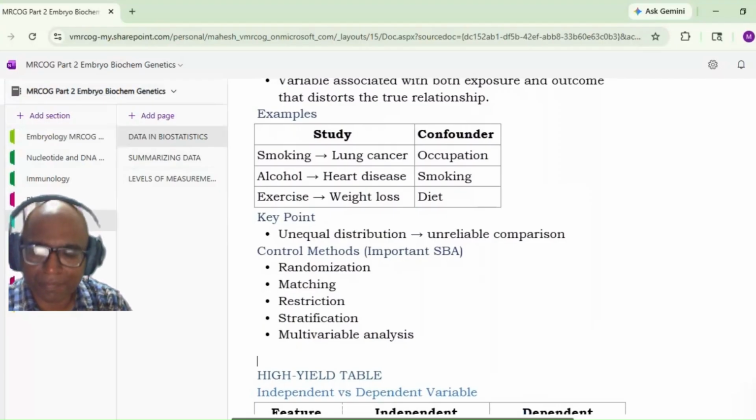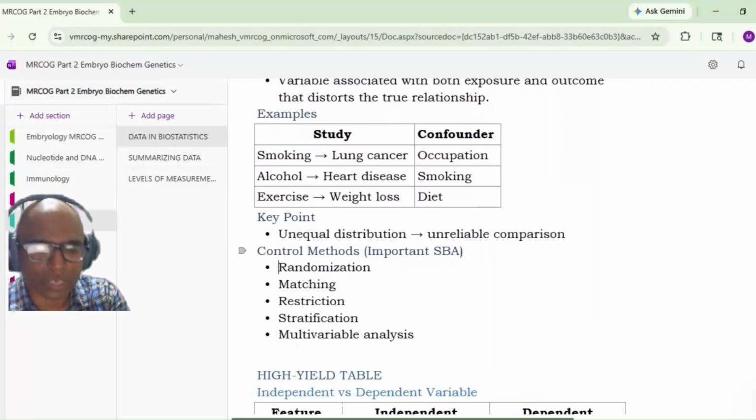So if you are comparing two groups and this confounding factor is unequally distributed, then your comparison between the two groups will be unreliable. Okay, so there are control methods like randomization, matching, restriction, stratification, and multivariate analysis. These are the different methods by which you can control these confounding factors.